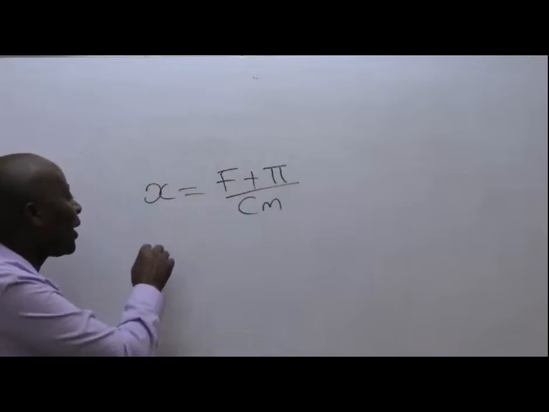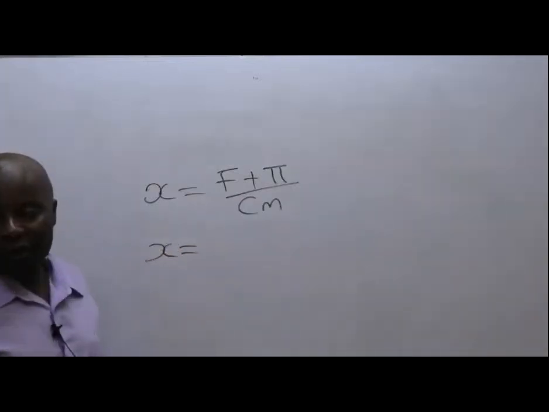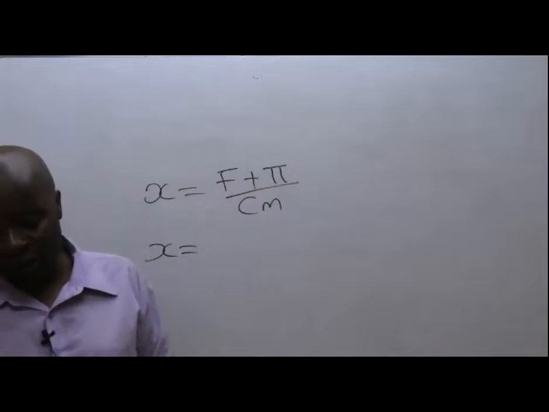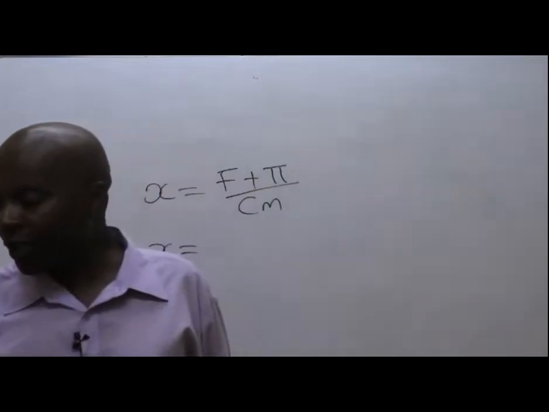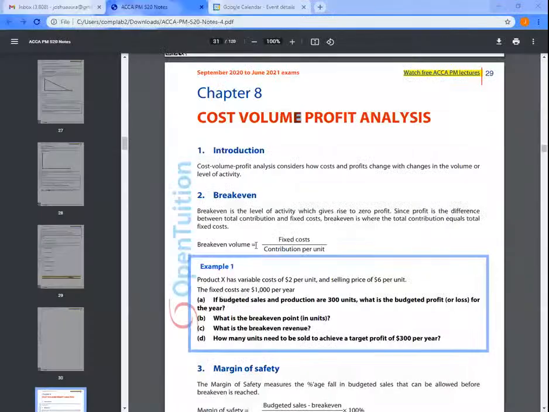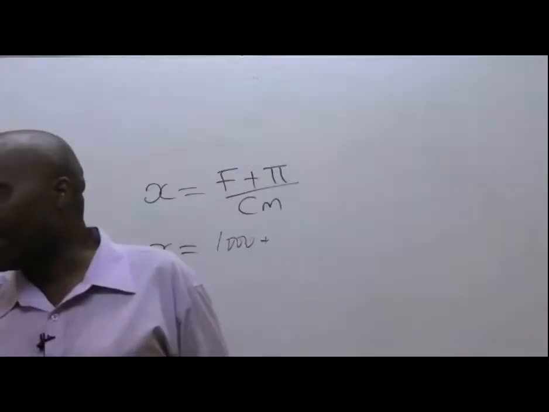In this case, the fixed cost to be covered is 1,000, given up here, and the profit they are aiming to get is 300.